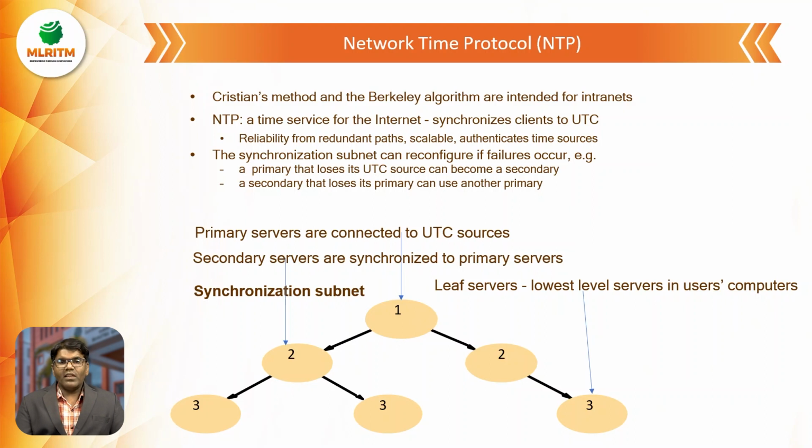An example is a primary that loses its UTC source can become a secondary. If the primary is lost, it becomes a secondary, and if the secondary is lost, it can use another primary.